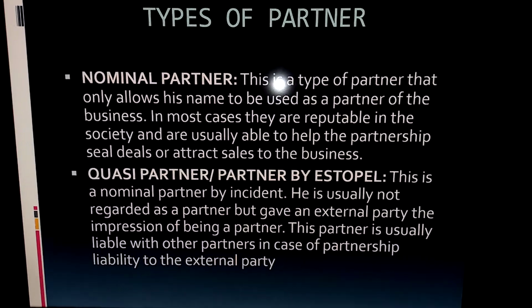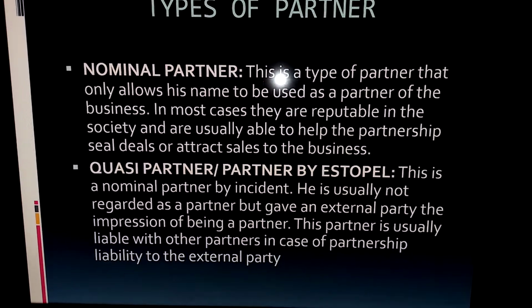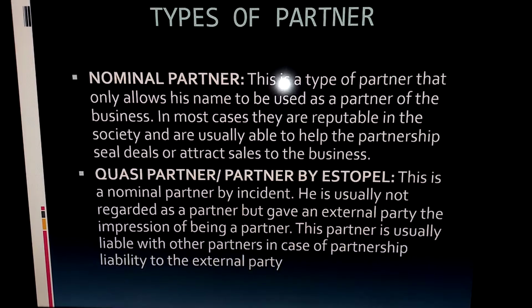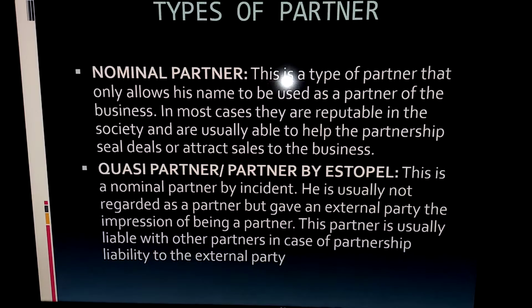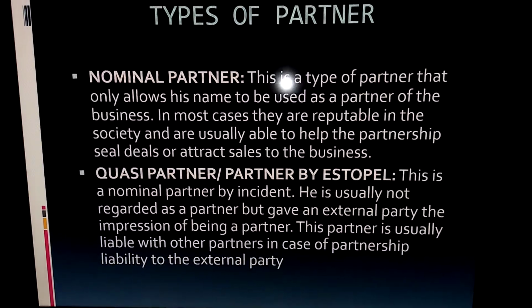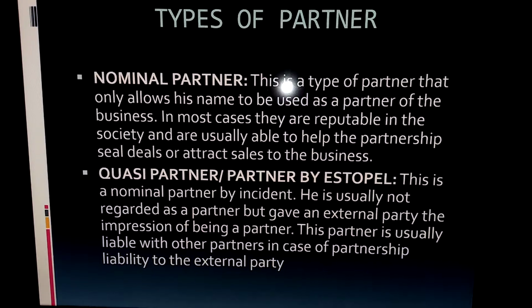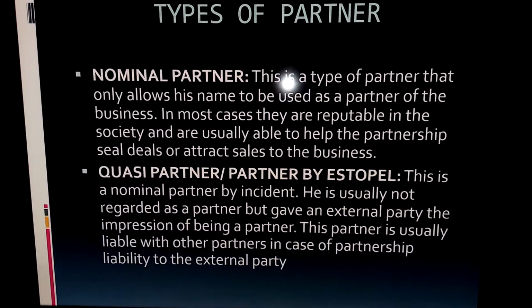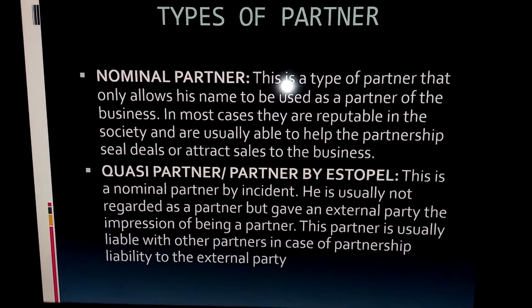The idea is that the partner allowed or agreed that his name should be used as part of the partners of the business. It could be that the person has connections, or that the person has a reputable name. That kind of arrangement, because that person's name can help attract sales or add value to the business.